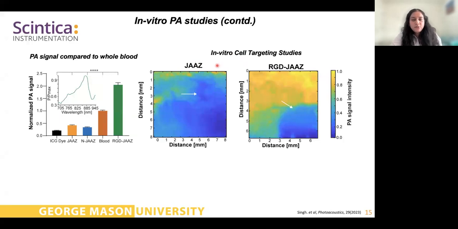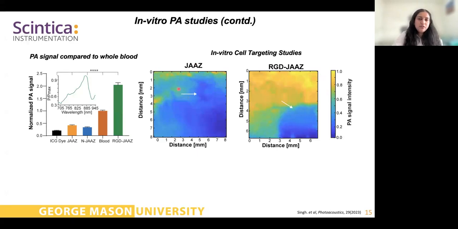After that, we did some in vitro cell targeting studies. In this, we expected the RGD JAS particles to attach onto the cells themselves and give us a strong PA signal. This is a 2D PA scan wherein the stage was moved and the cells are grown on a glass slide.